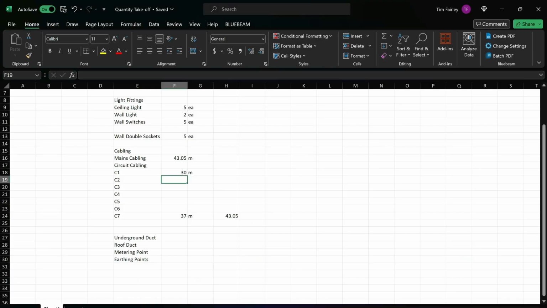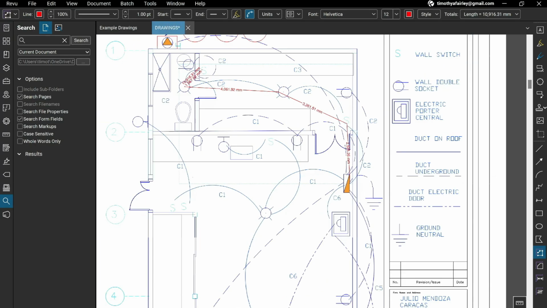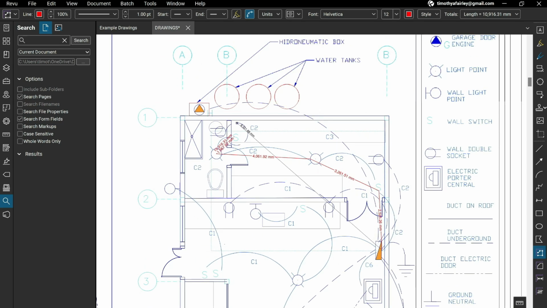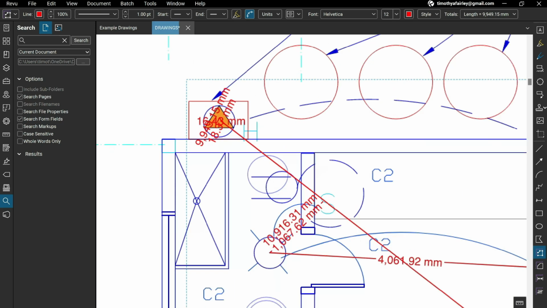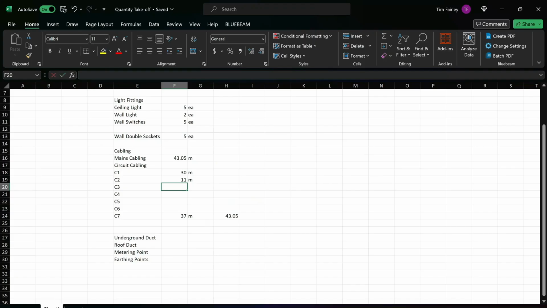That's 11 meters. C3 is going to be here. 16 meters.